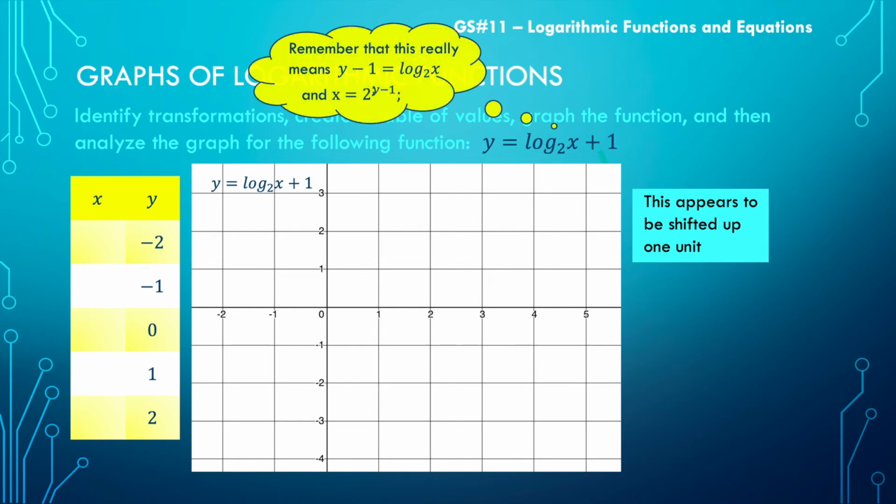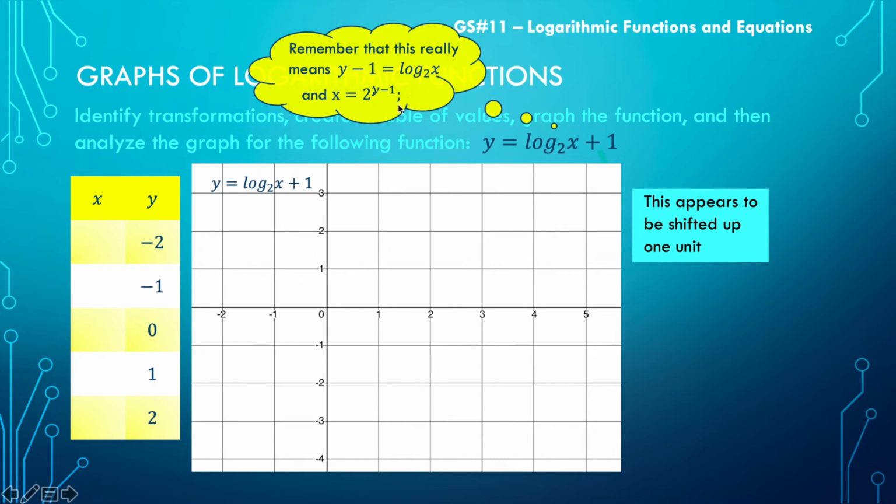Now we can't actually rewrite it in exponential form until that log is isolated. So the first thing we're going to do is move this 1 to the other side and say that this is y minus 1 is equal to log base 2 of x. And now we can write it in exponential form. 2 raised to the y minus 1 is equal to x.